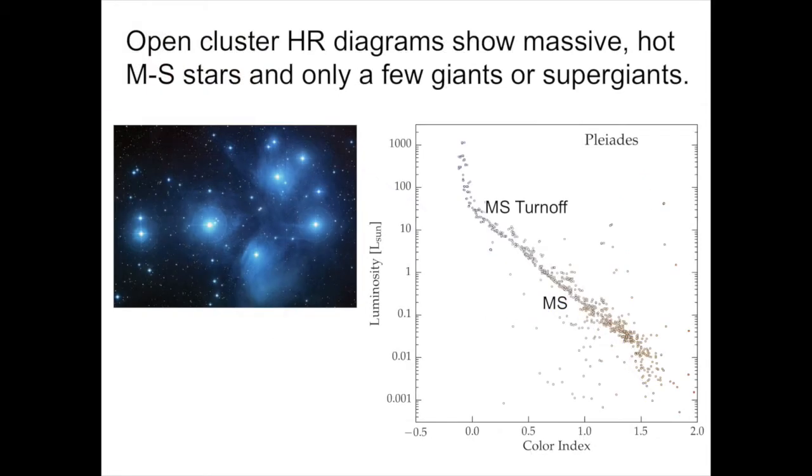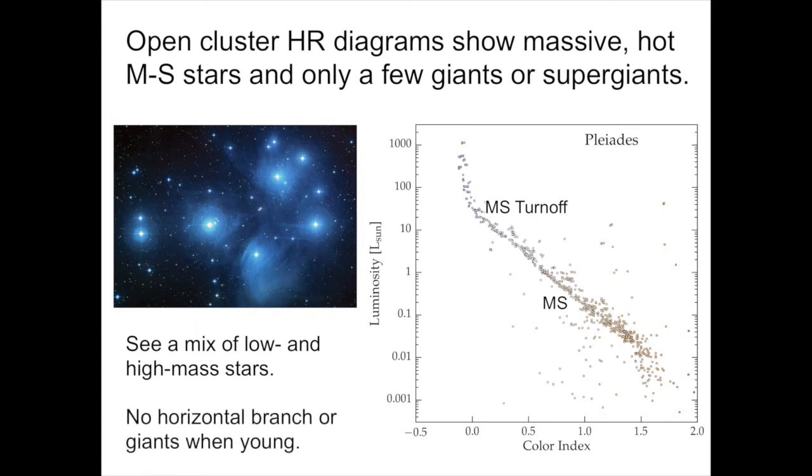To review, open cluster Hertzsprung-Russell diagrams show massive, hot main sequence stars, but only a small number of giants or supergiants. They have well-defined main sequence turnoffs and long, deep main sequences. We see a mix of low and high mass stars, but no horizontal branch or giant stars when these clusters are young.